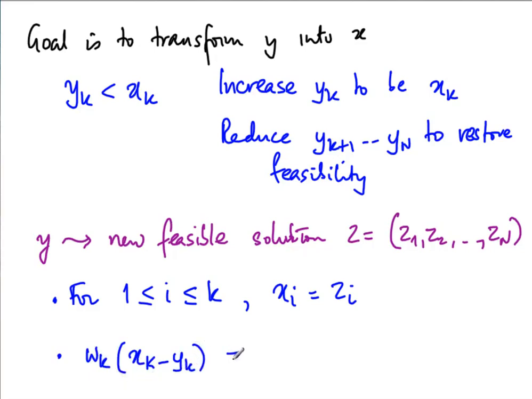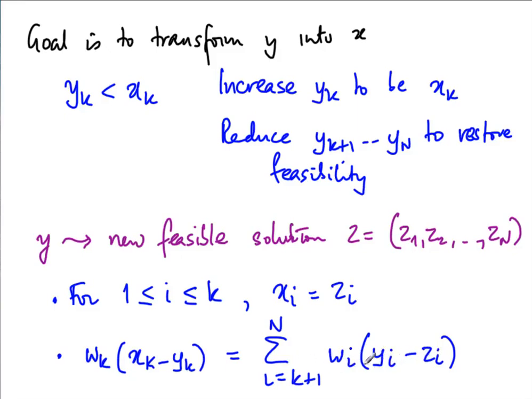And this was compensated by reducing the weight in the other components. So the weight reduced is the sum over all the components from k plus 1 to n of the difference between yi, which was the old weight, and zi, which is the new smaller weight, times wi. So wherever it decreases, the amount that it decreased is given by wi times yi minus zi.